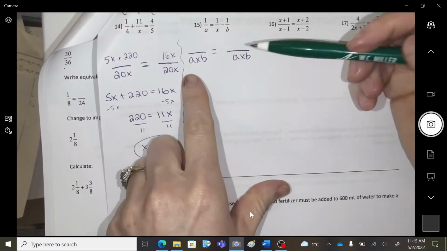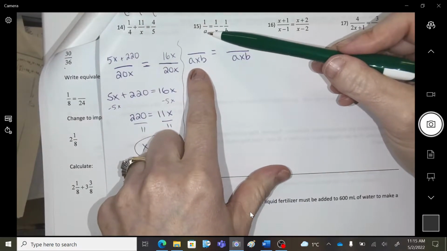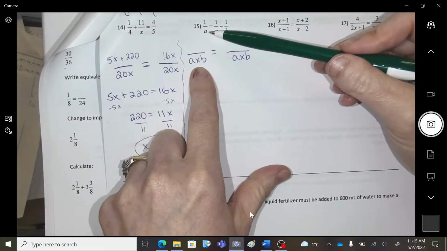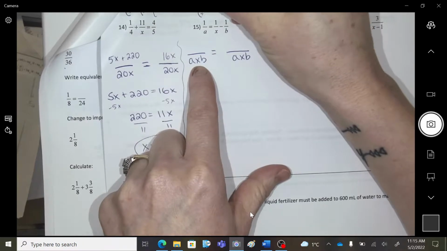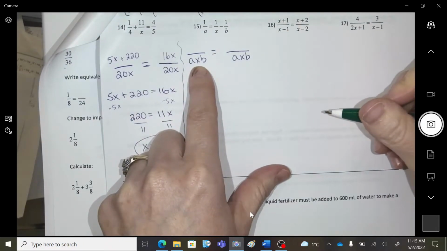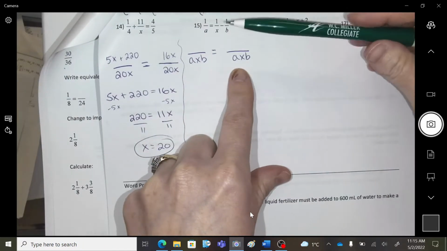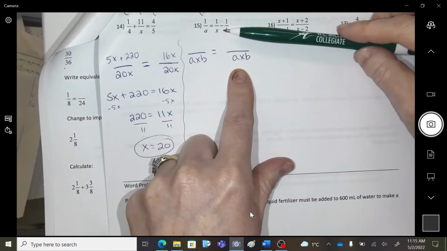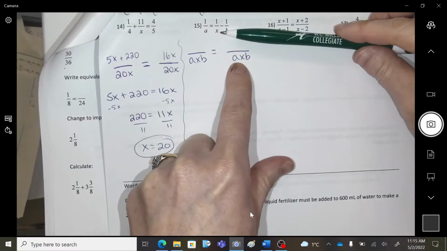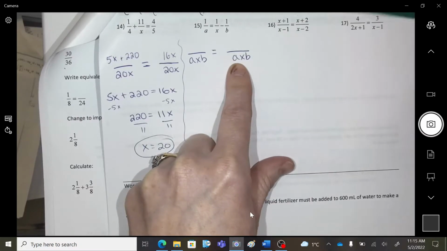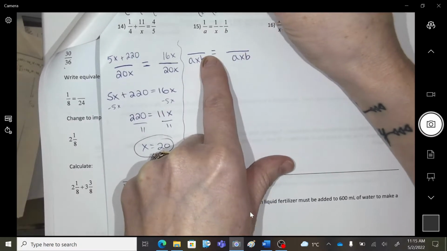Okay, I'm going to look at the first fraction. It had an a, so what did I multiply it by? An x and a b. Okay, now the second fraction had an x, therefore I multiplied it by a and a b.